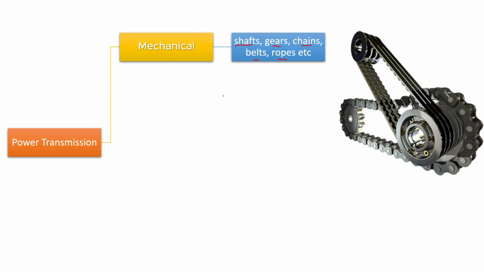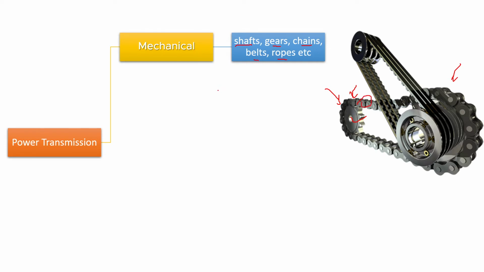This is one of the examples of power transmission. Let me say this is the driven one. That means the motor is attached with this specific gear, and I want to transfer the power from this driven gear to this secondary gear or say secondary shaft which is attached with this mechanism. Now in this case I will use the chain mechanism.